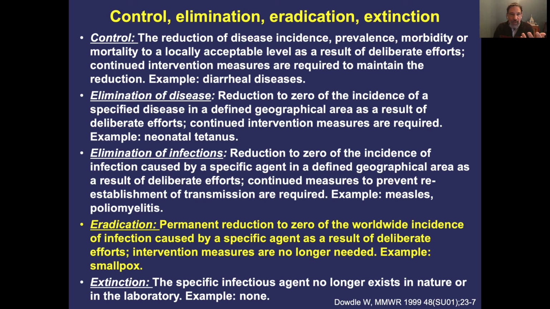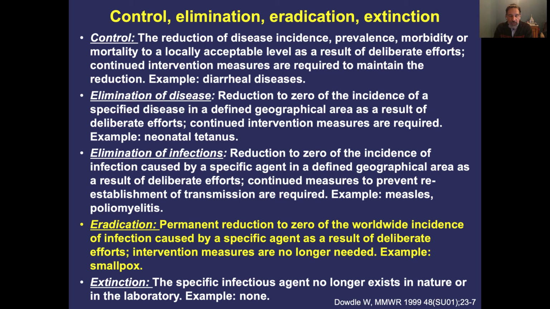So it doesn't go away, but you're doing something deliberate to manage the disease burden, including interventions to keep the burden low. The next level is a focus on eliminating not necessarily the infection, but the disease that the infection causes.